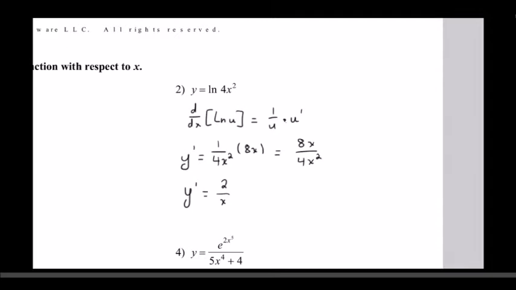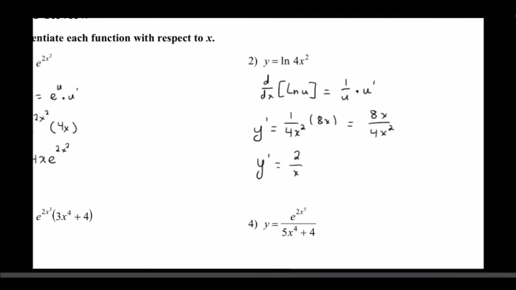There is another way this could have been done. We could have used properties of logarithms, but I'll save that for question 7 or question 8.